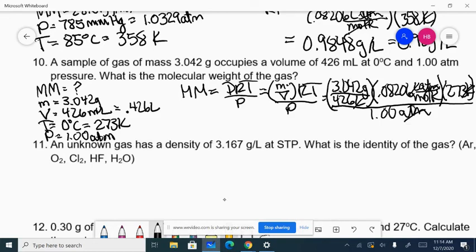I was careful to change all my units before I even got into this, so I'm all good. And I get an answer of 159.97 grams per mole. And let's answer in sig figs of 3.